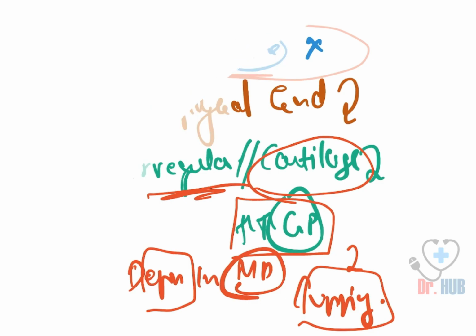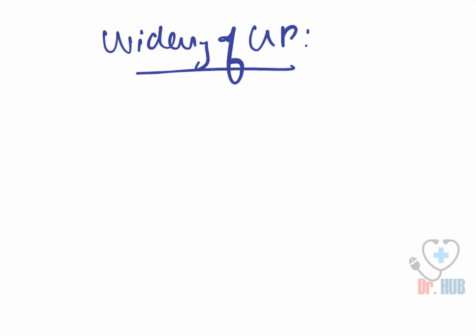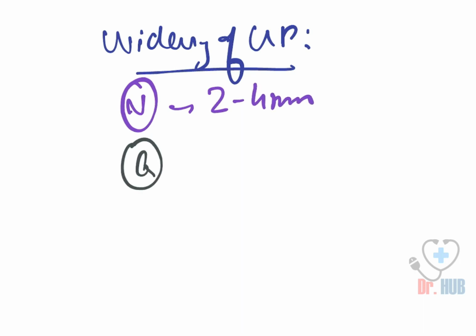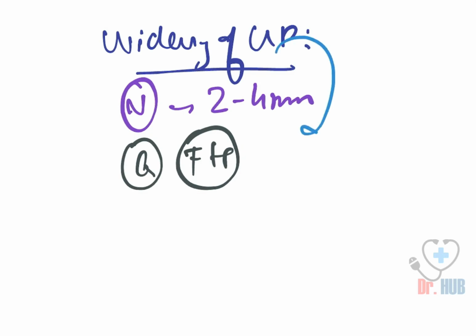So now looking at the next question. The next question we asked was, what is the widening of growth plate? We need to know that the normal width of the growth plate is 2 to 4 mm, and it is increased in case of rickets.